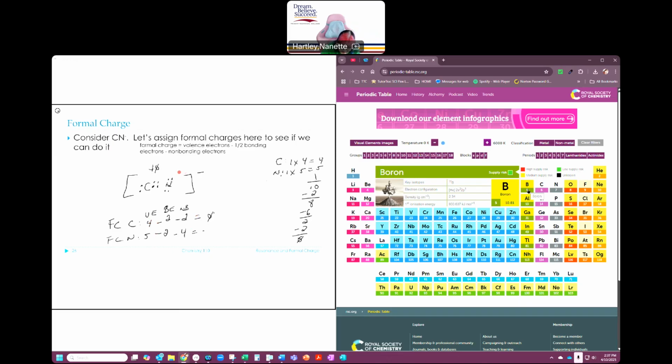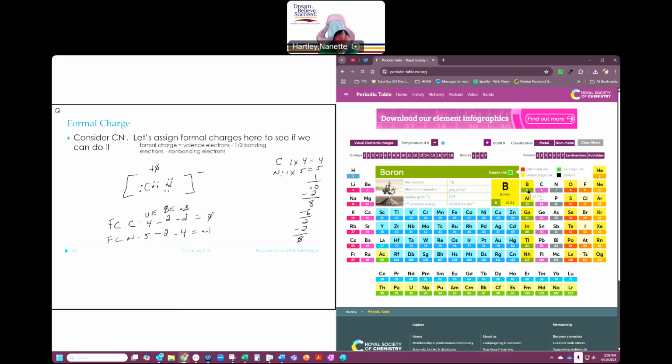And my nitrogen, 5 minus 2 minus 4 is still minus 1. Okay. But I'm still looking at this, and it's still not the best structure that I can get. We still have some ability to change that.